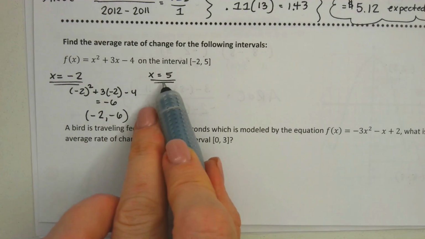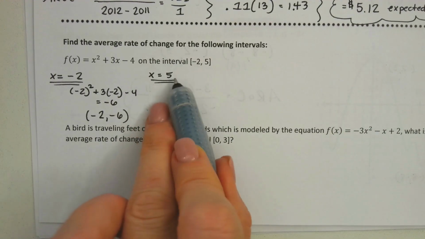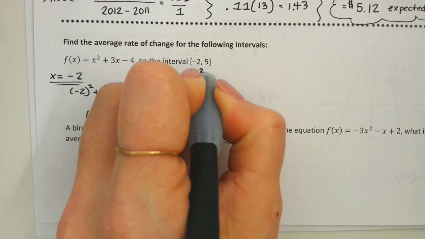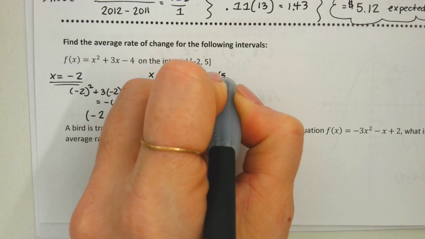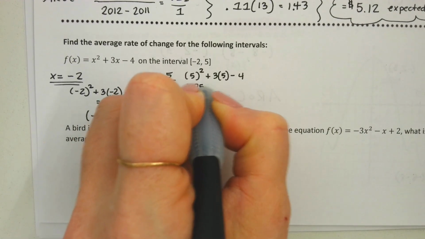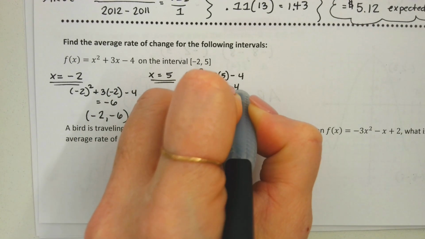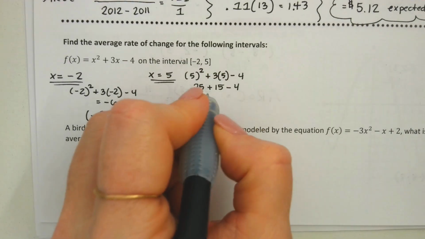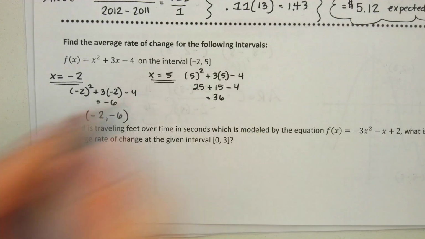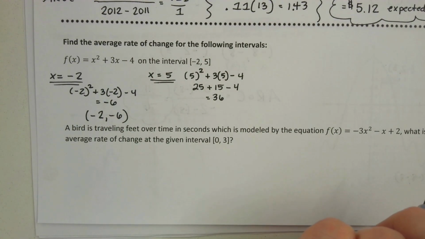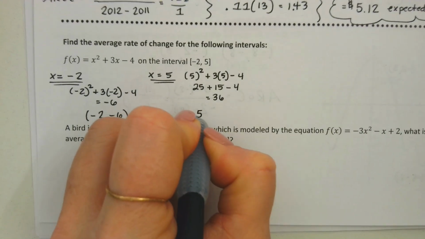And then we're going to do the same when x is 5. We need to find the y value when x is 5. So that's 5 squared plus 3 times 5 minus 4. That's 25 plus 15 minus 4, which would be, what is that, 36? Okay, and then how would I write that as an ordered pair? 5, comma, 36. Very good.